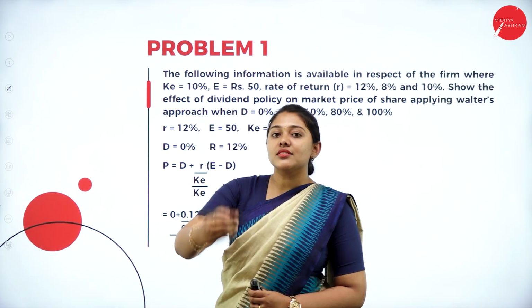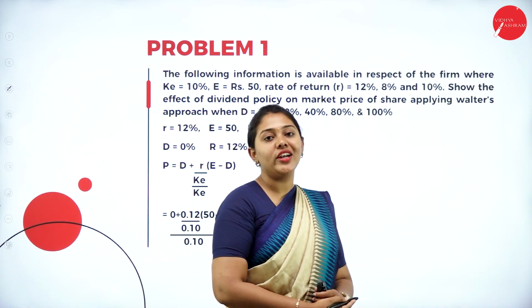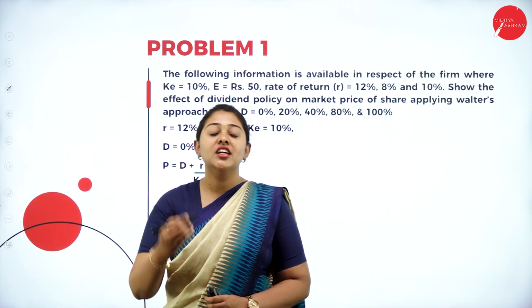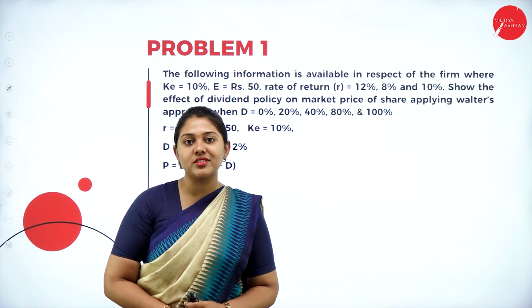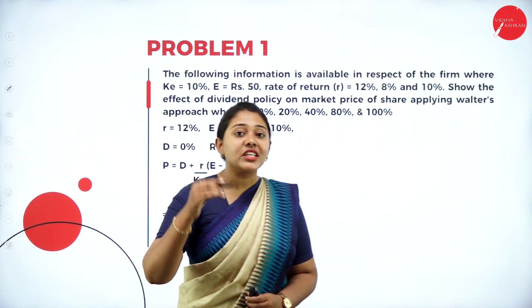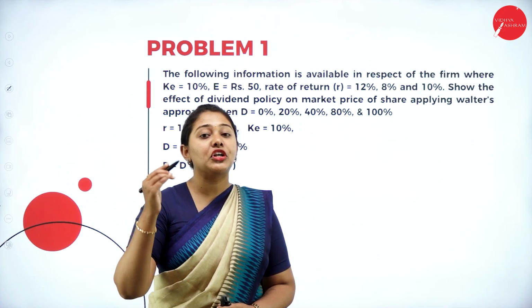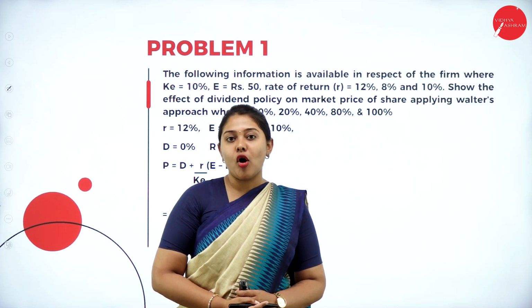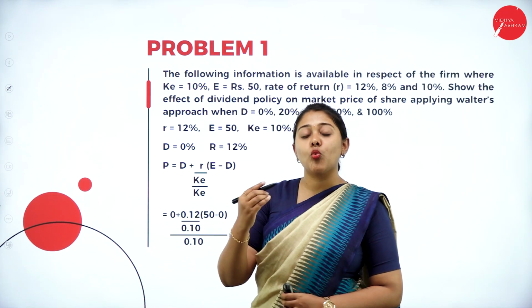In this chapter, you will be learning one terminology called dividend policy. So what is this dividend policy? In your articles of association or the memorandum of association, the company fixes a policy. Policy is nothing but rules and regulations with respect to issuing of dividend: what amount of dividend they have to issue, and what portion.